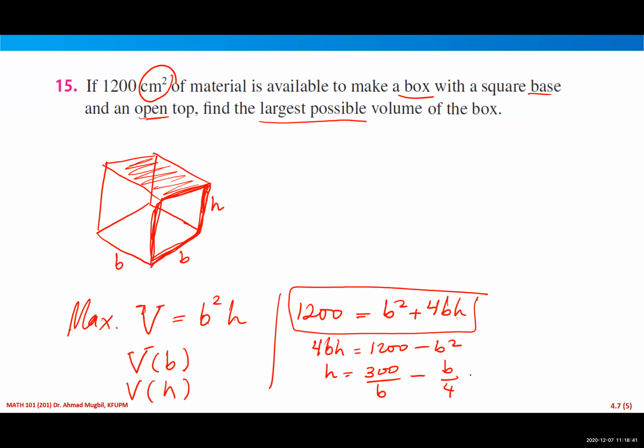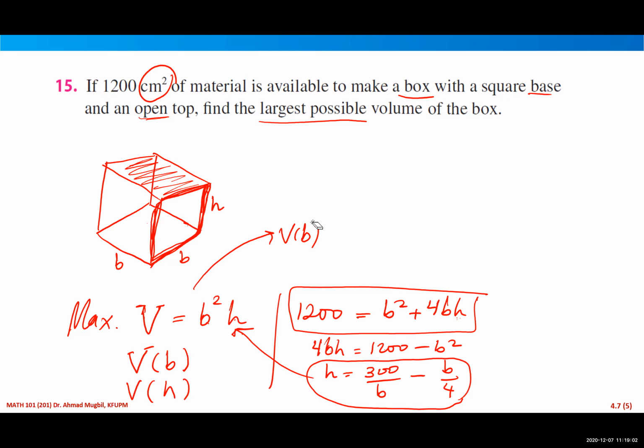Now what I will do, I will take this h and substitute here. So now our volume is a function of what? It is a function of b. By the way, if you want to write it x, usually we have it like x. You can write it x instead of b, no problem.